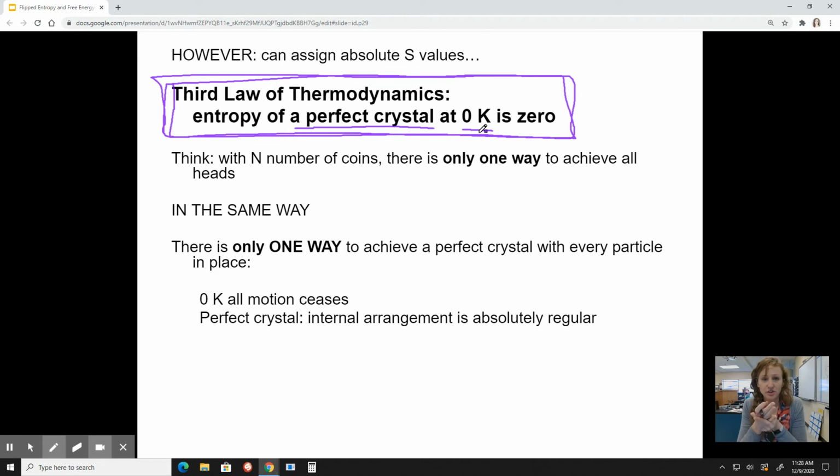And a perfect crystal is going to have perfectly uniform distances, perfectly uniform angles between all the molecules. It will have a cubic unit that repeats perfectly. And so if you have this perfect order along with no motion, then that would be our definition of zero entropy.